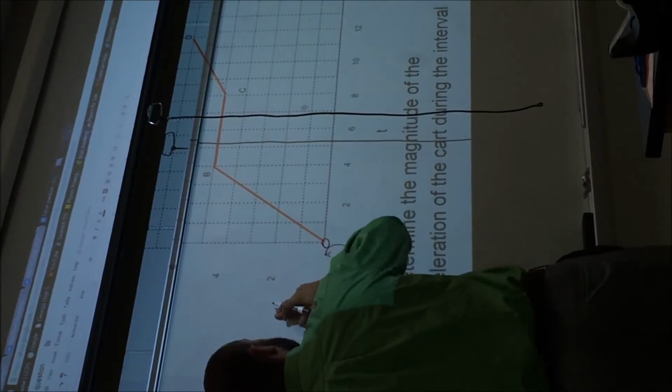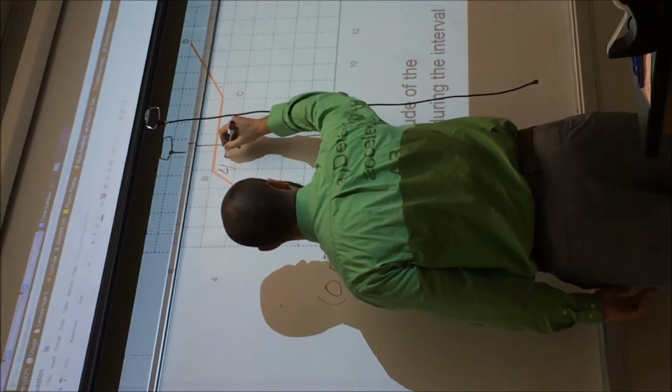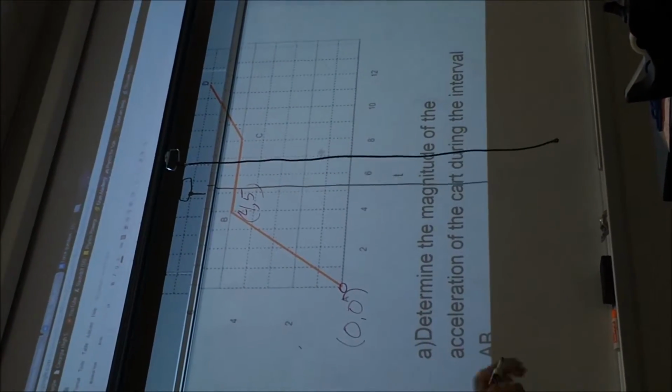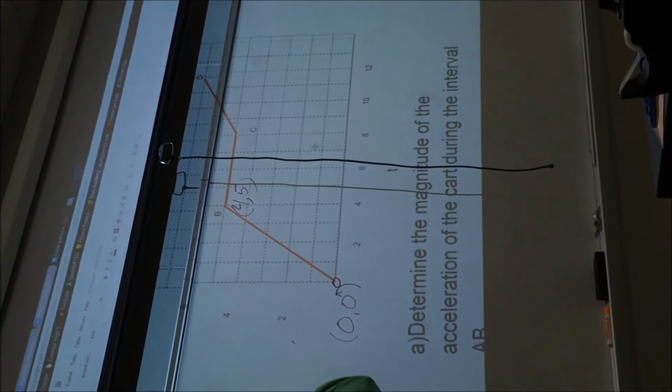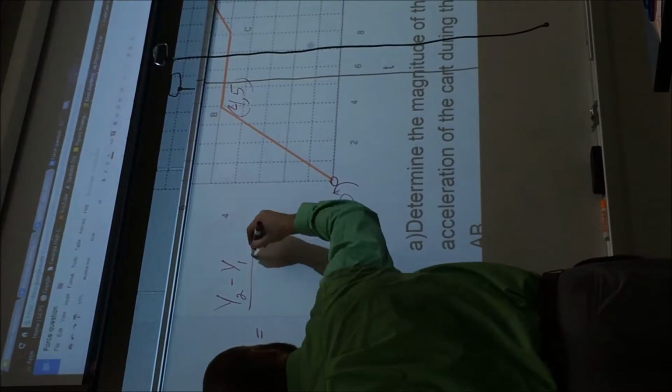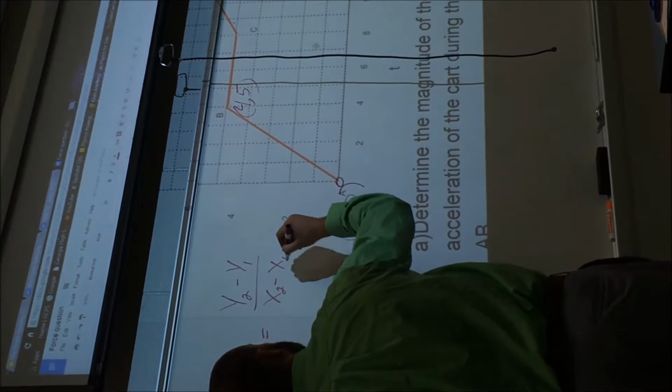Let me write it up here. To find the slope of that, I use my slope formula, right?